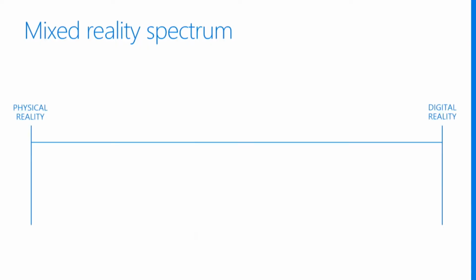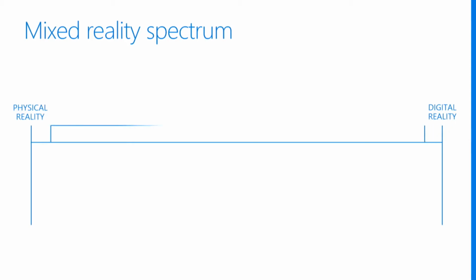So I just want to show you what we have today. When we talk about physical reality and digital reality, let's assume that we want to add some digital person to our physical world, or we want to add some digital place or thing into our real world. How can we do this?